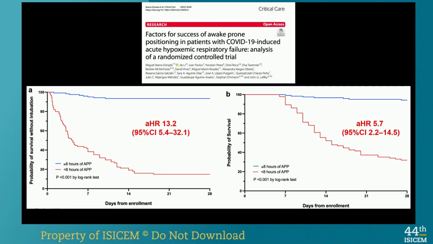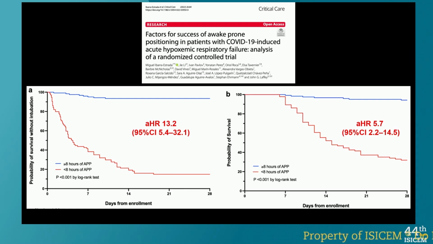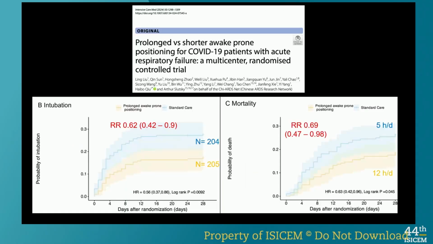And this is quite important because when we look at other evidence, this is a study comparing more than 8 hours in awake-prone position and less than 8 hours in awake-prone position, and you can see the difference in adjusted hazard ratio for survival without intubation and survival as well.